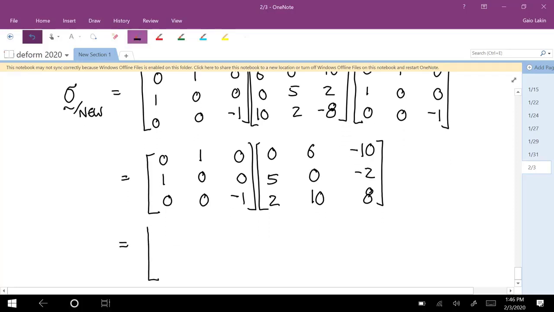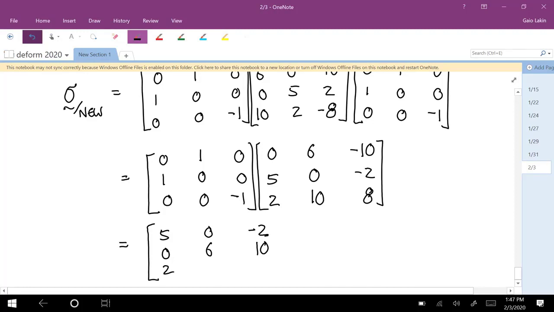And then multiply these out, and you get 5, 0, negative 2, 0, 6, 10, 2.